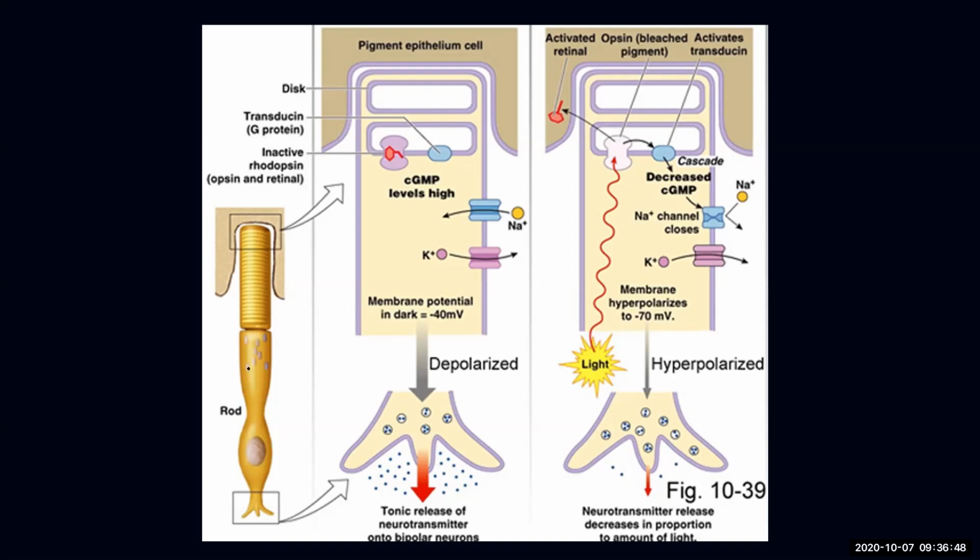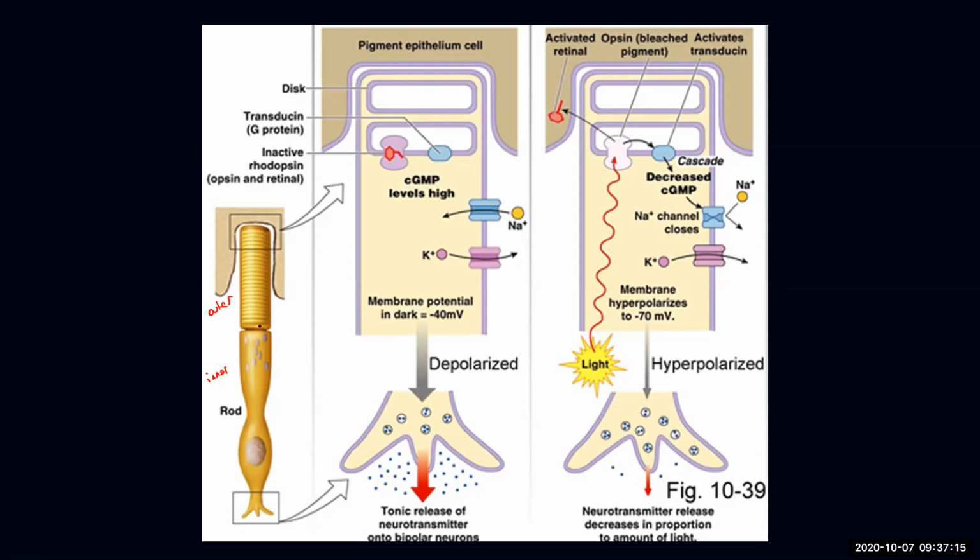So here we have a rod cell. The rod has two components. We have an outer segment and an inner segment. Okay, the inner segment is just a regular cell. It has a nucleus. We'll have mitochondria, protein synthesis, all that stuff going on.